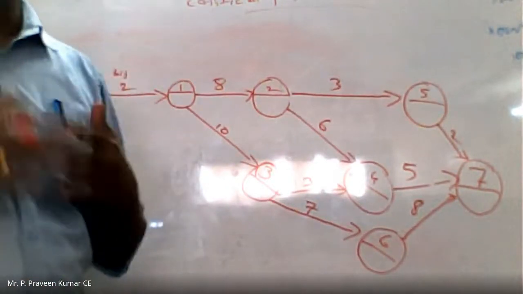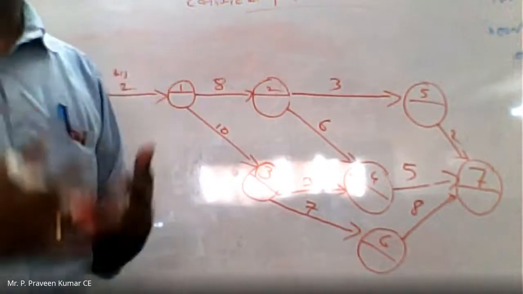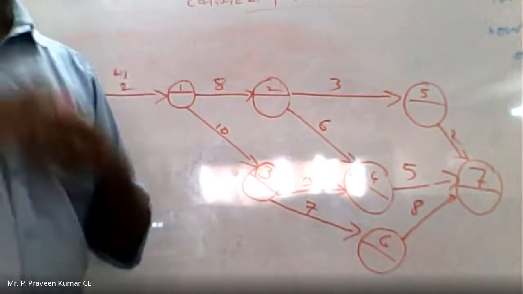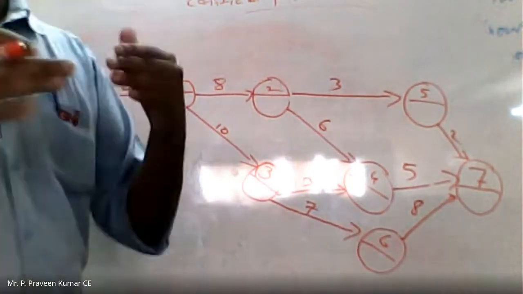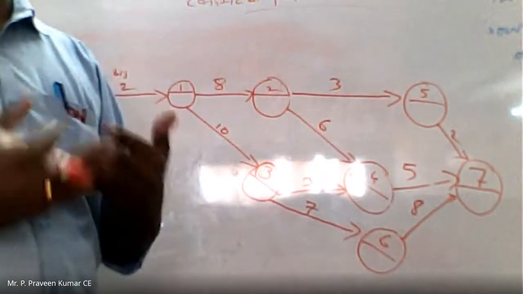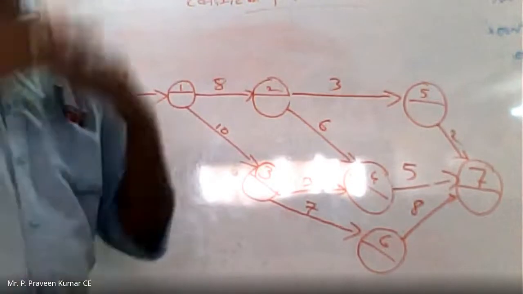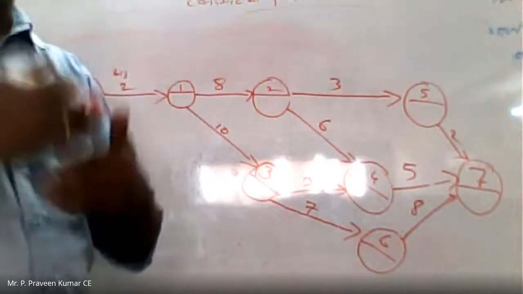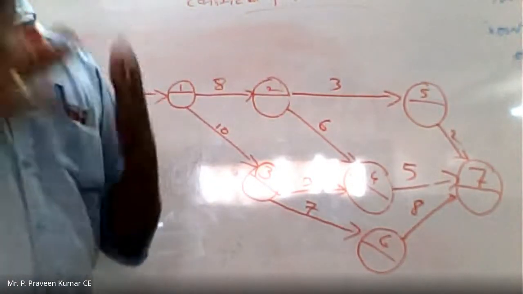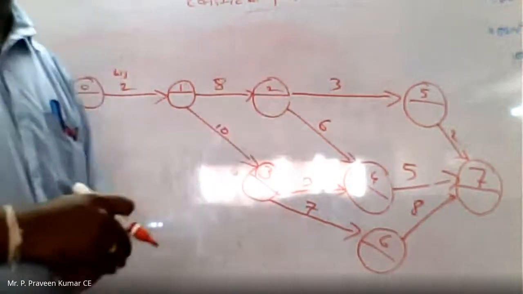That is nothing but earliest starting time, earliest finishing time, latest starting time, and latest finishing time. So now we need to calculate those. If we calculate that, we can easily calculate the critical path method of this particular project.